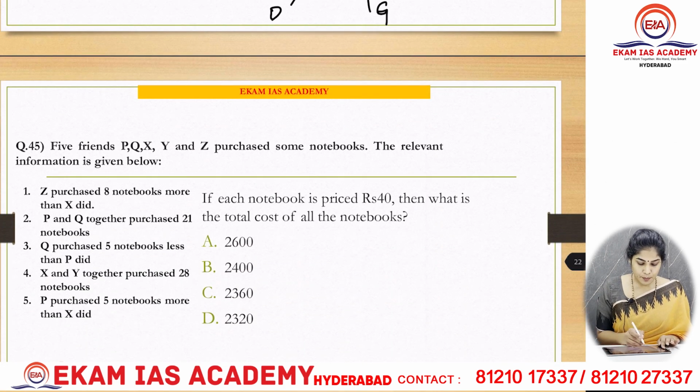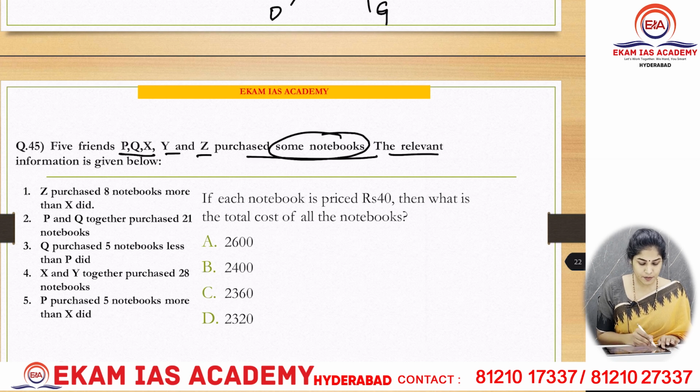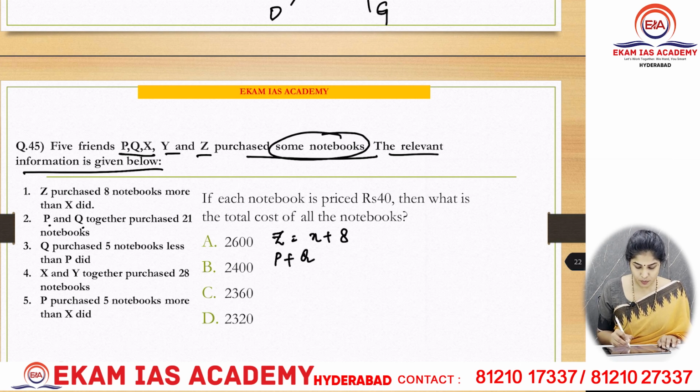5 friends P, Q, X, Y, Z purchased some books. The relevant information is given below. Z purchased 8 books more than X. So Z is equal to X plus 8, right? P and Q together purchased 21 books. So P plus Q is equal to 21.